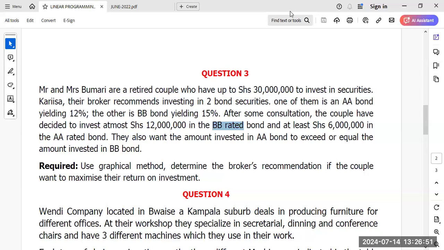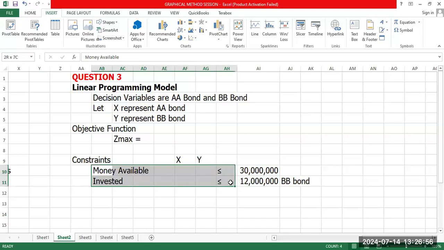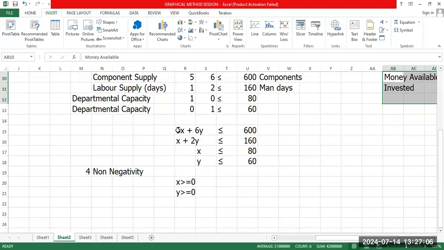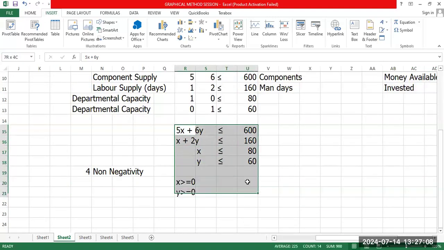Colleagues, what I'm doing is just trying to interpret. In an exam, you can skip this step. You immediately come up with a summary, like the way we are doing here. This is the summary the examiner is interested in.